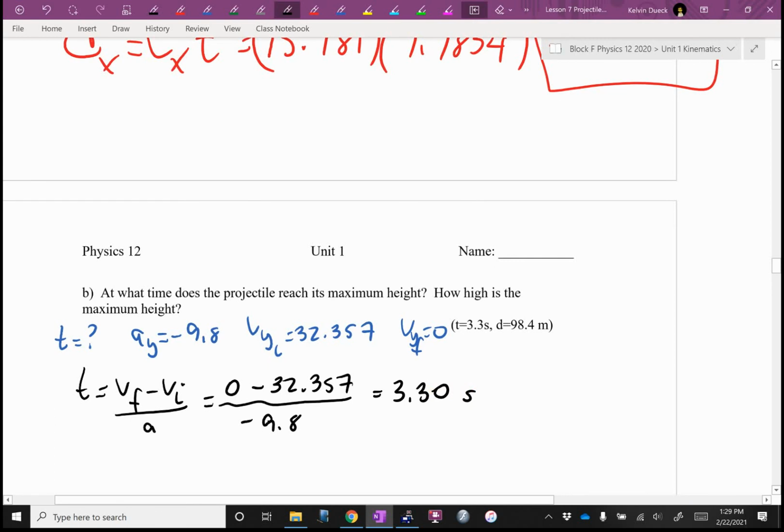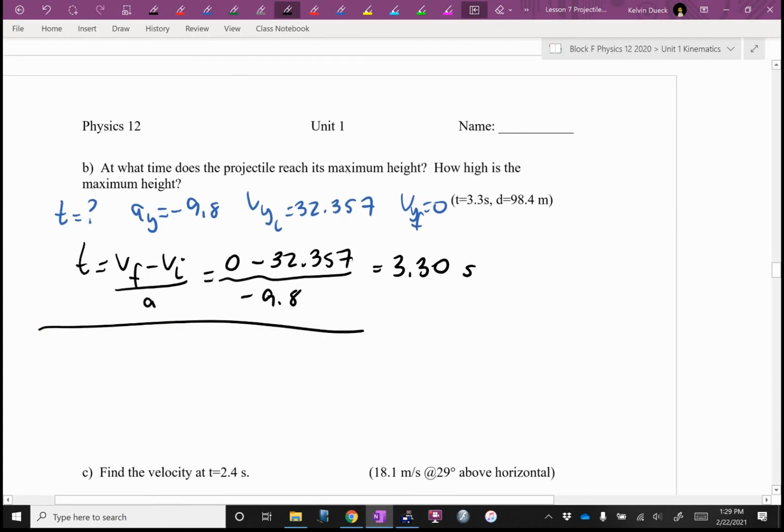There's a second part to this question. What is the second half of the question you want me to find? How high. Vertical or horizontal? I think vertical, yes. Let's call it a vertical displacement.